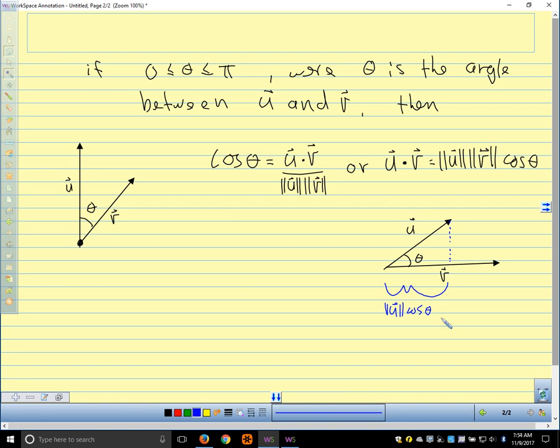So what the dot product tells us is the product of the amount of vector U that's in the direction of V times the length of V. So it's kind of multiplying the amounts of vectors that are in the same direction.